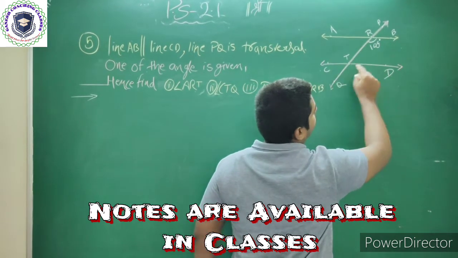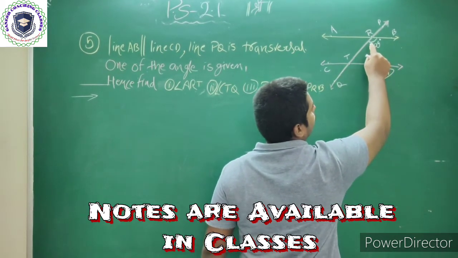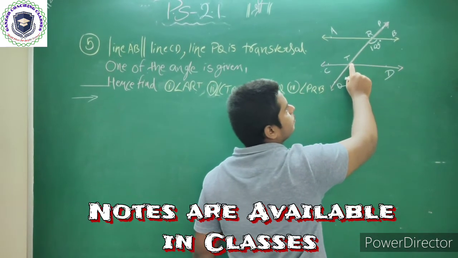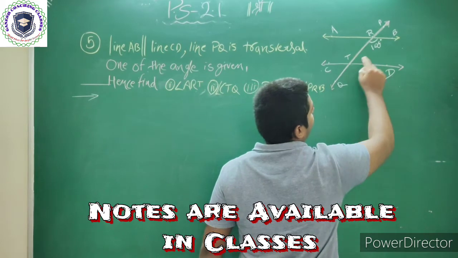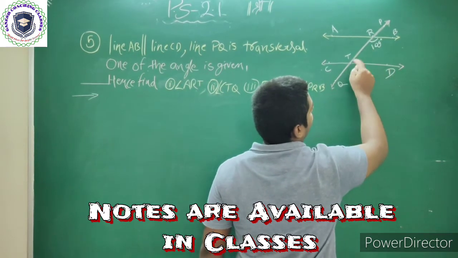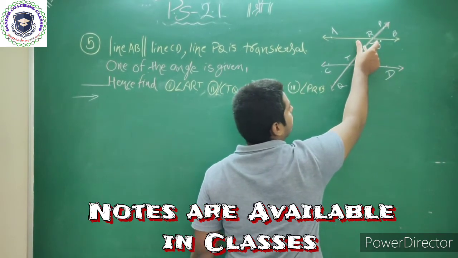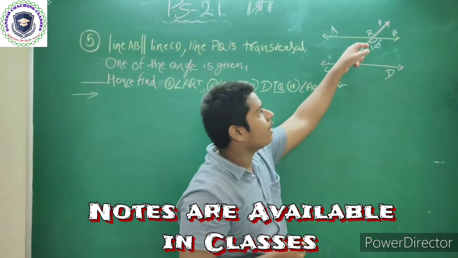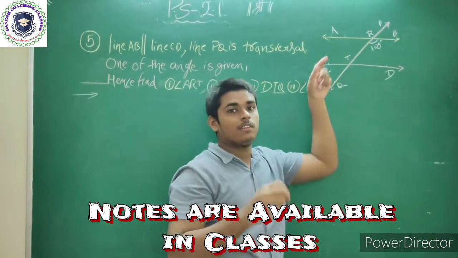AB is parallel to CD, and we have been given one angle, BRT. So what is the relation between ART and BRT? These two angles are angles in linear pair, because they lie on a single line on either side.